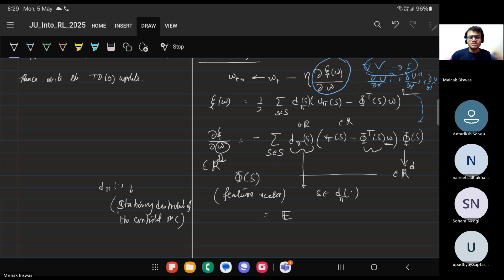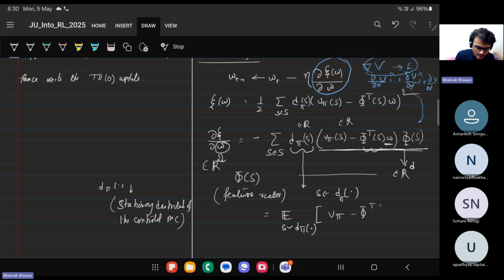Correct? So we are sampling the states based on it. It's an expected value, right? It's just the law of the unconscious statistician: the probability of being in a state times the value function. So it's just V pi minus phi transpose S W times phi of S. Do you agree?